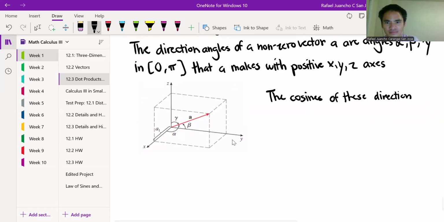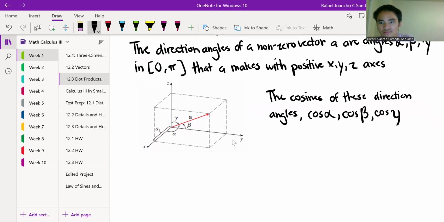Direction angles, namely cosine alpha, cosine beta, and cosine epsilon. So they're what we call direction cosines. Nice name, very original. They're called direction cosines of vector A.